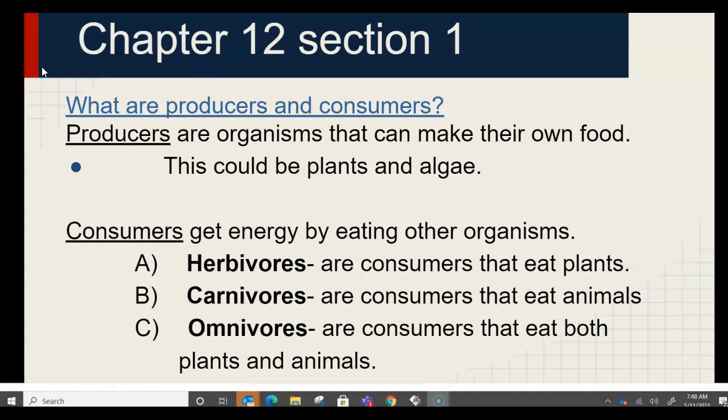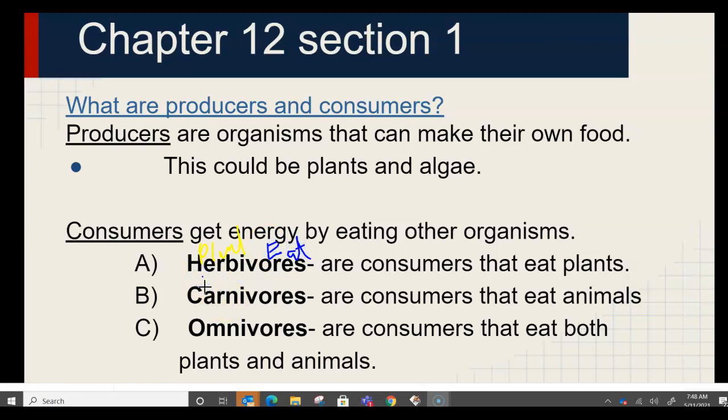Herbivores, like bunny rabbits and deer, eat plants. The prefix herb actually in its Latin origin means plants, and the vor part means to eat. So eating plants. This means to eat.